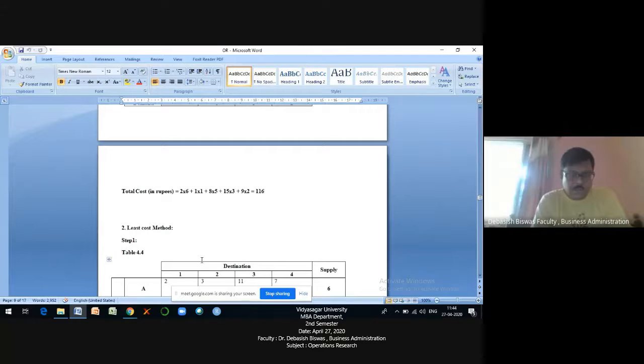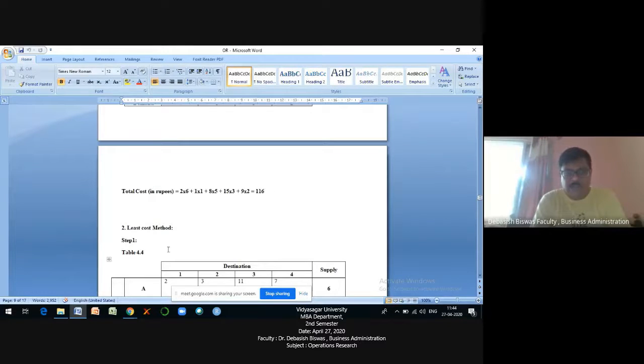So if I tell you to select between these two methods, one is least cost, another is northwest corner, then obviously you have to select the least cost method, because here the total cost has come to 112, but in the previous method, that is the northwest corner method, the cost was 116.